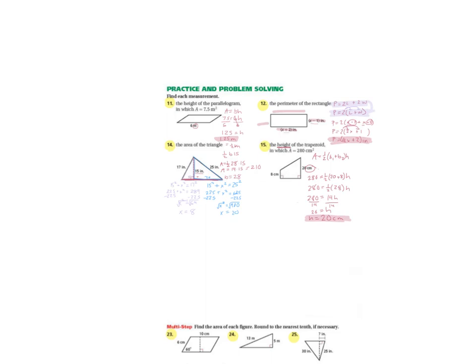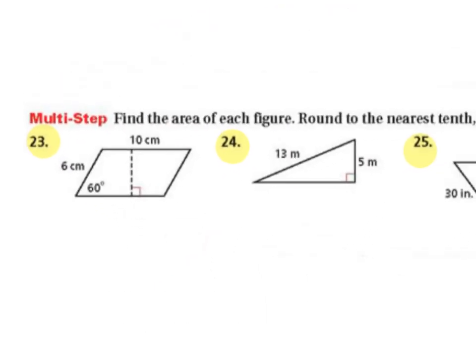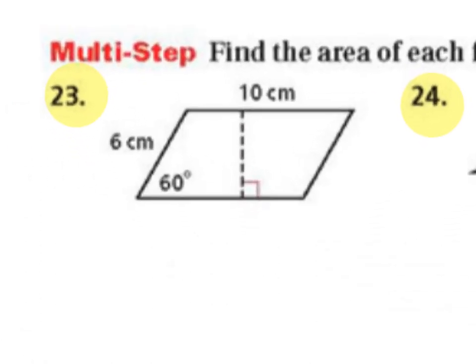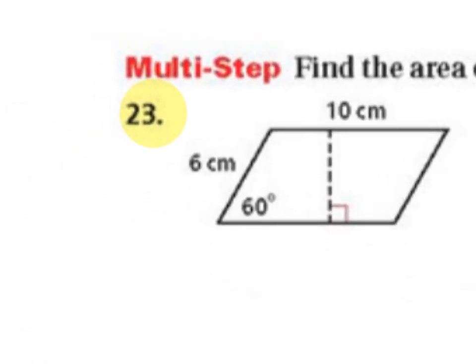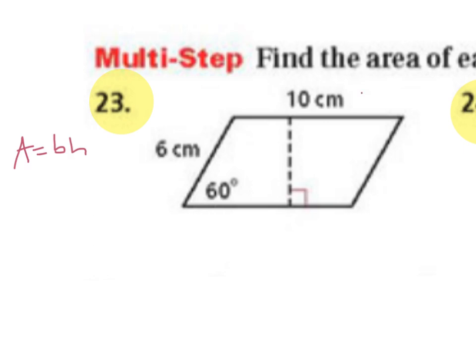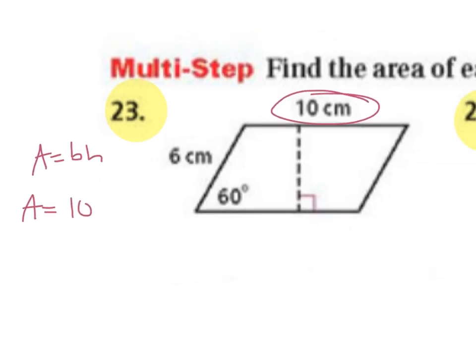Okay, 3 more. Let's look at 23. We need to find the area of each figure, rounded to the nearest tenth if necessary. So here it gives us a parallelogram, and we know the area of a parallelogram is base times height. So our base is 10, so area is equal to 10, and now we have to find the height.